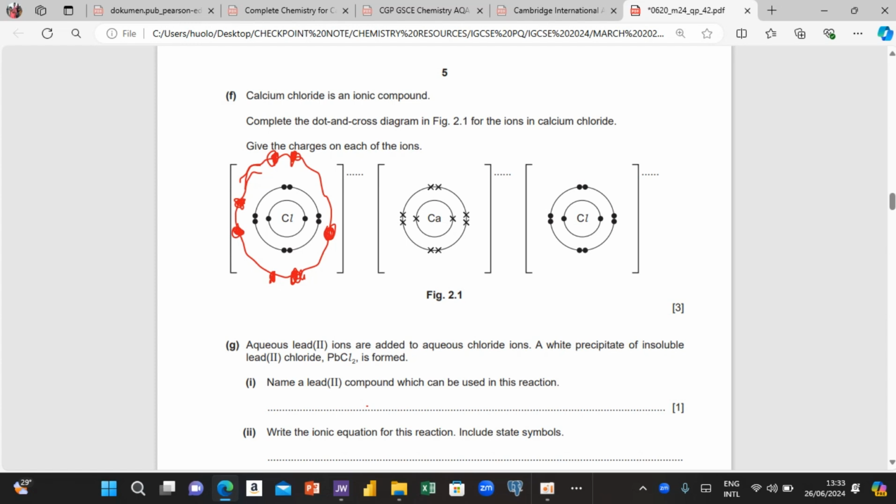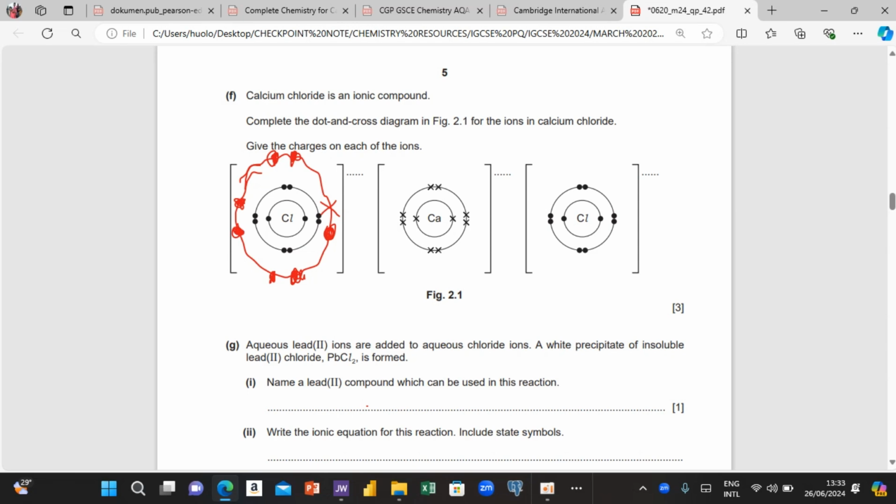Now it's going to gain an electron from the calcium atom. The calcium atom is losing electrons, and the electrons for calcium are represented with a cross, so you want to represent that. Calcium has 20 electrons. However, the 2 electrons in the last shell will be lost.